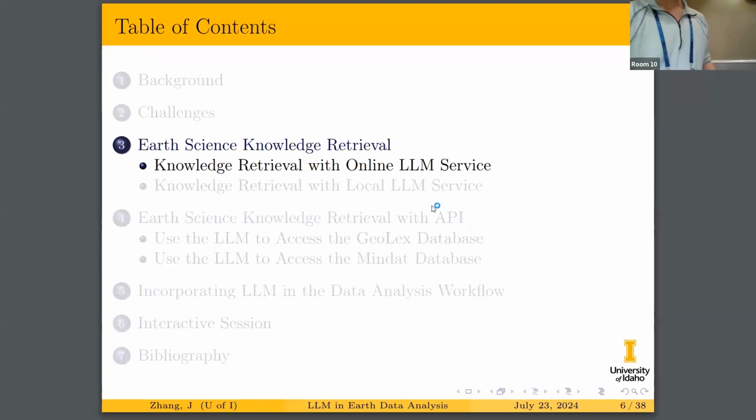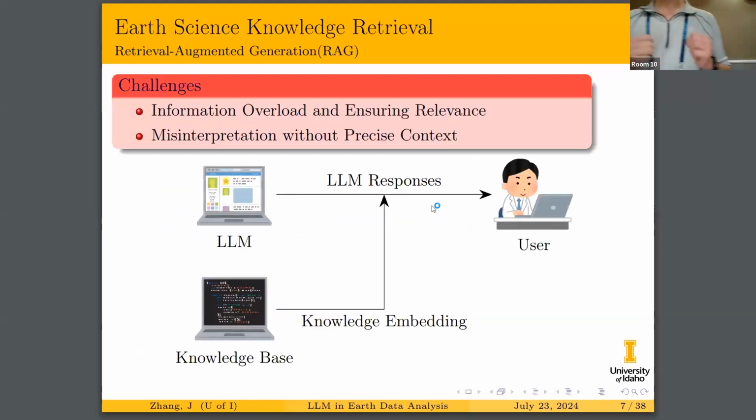Let me start with the knowledge retriever part. Let me quickly go through the essential idea of this approach. The RAG, retrieval augmented generation, sits between the traditional large language model and the user's dialogue. We are trying to retrieve context-relevant knowledge from an external knowledge base into the dialogue.